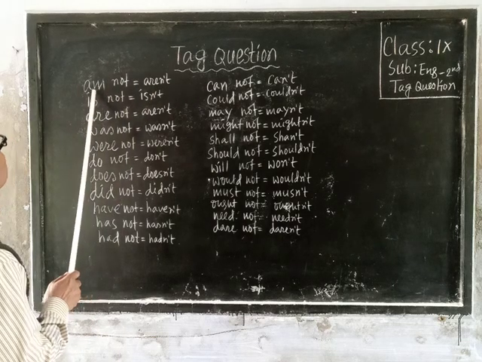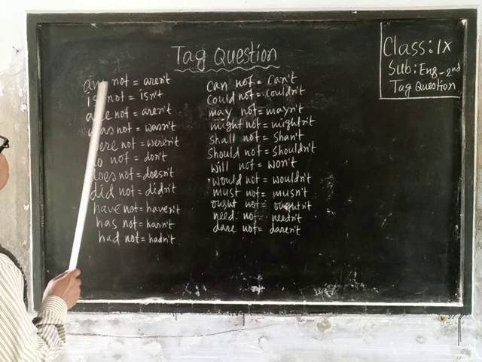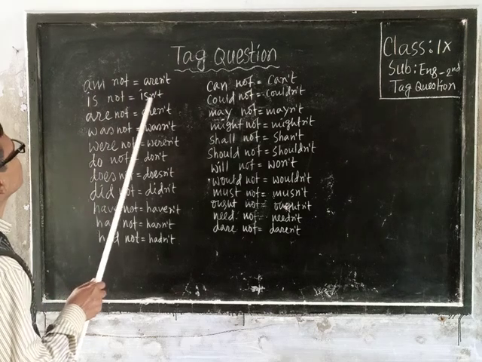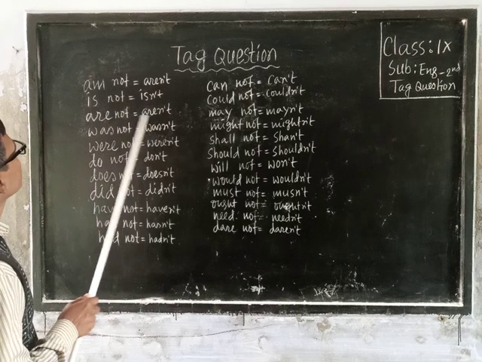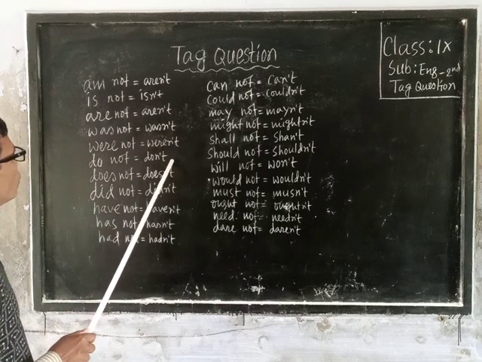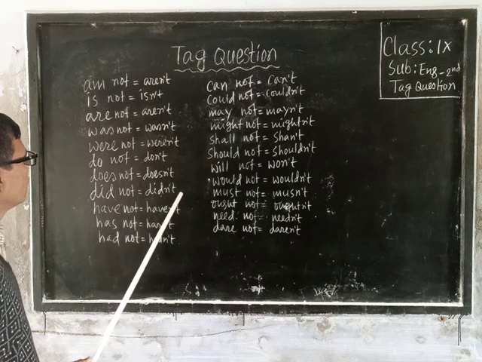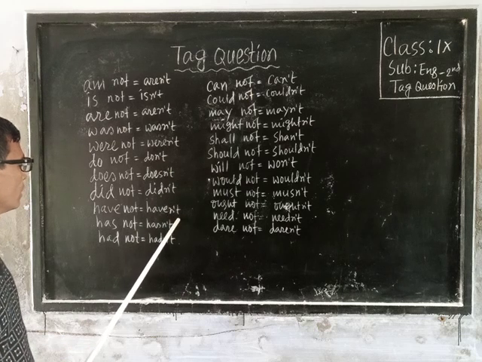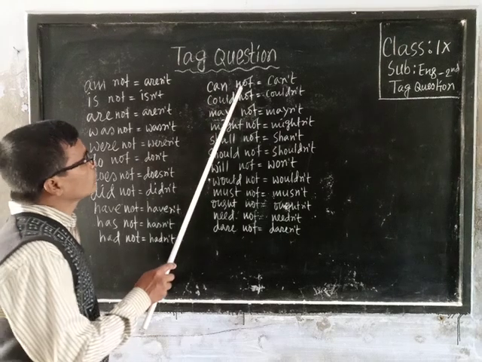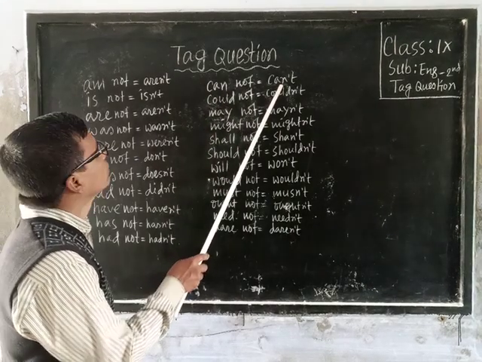Am not, that is aren't, is not, isn't, like this aren't, wasn't, weren't, don't, doesn't, didn't, haven't, hasn't, hadn't, can plus not, that is can't.